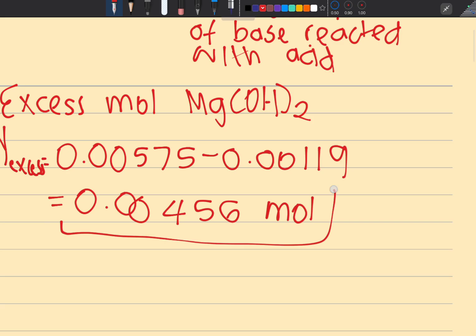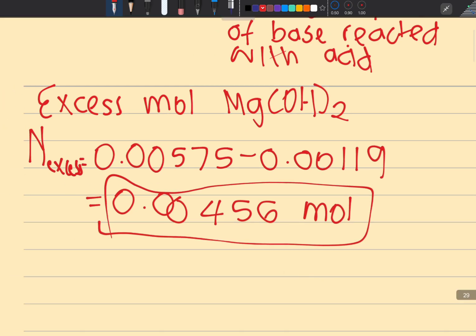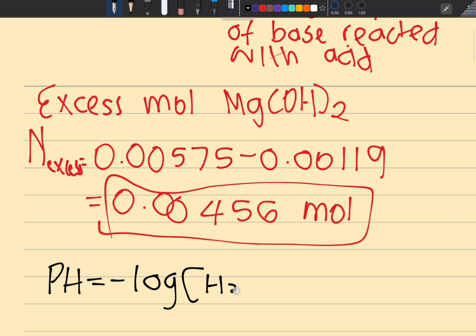Now I know the moles, and since we want pH, remember the formula: pH is minus log of the H3O+ concentration. So I have to work with concentrations first.